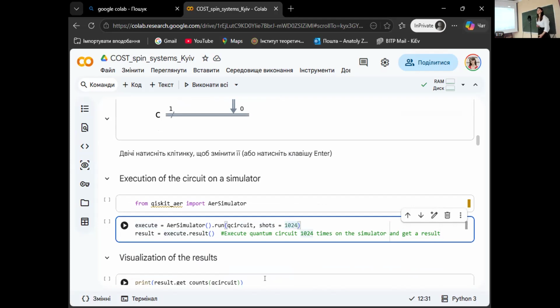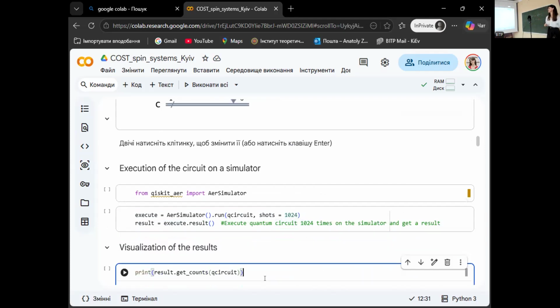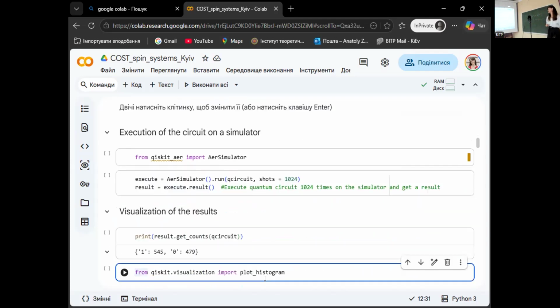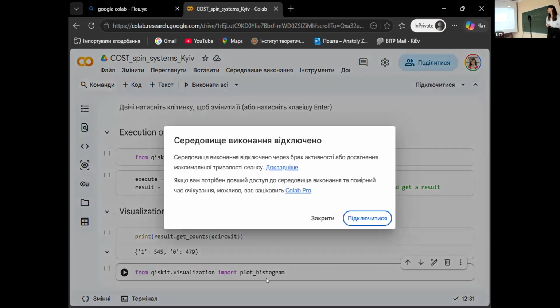Why do I use this huge number? Because I would like to achieve a small statistical error. Depending on this number, the statistical error is proportional to 1 over the square root of this number. And then after the measurement, I obtained the following.